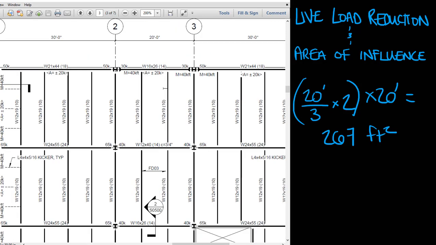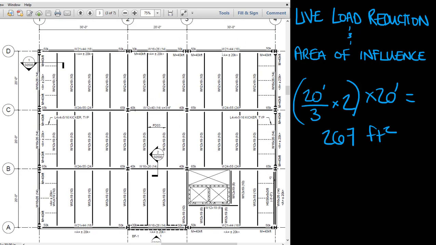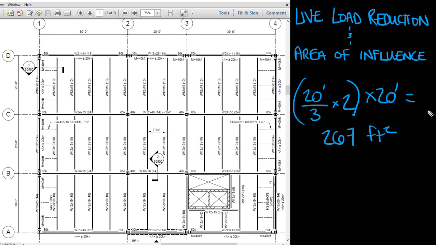However, if we zoom out and look at a different component, let's take this interior column here. The area of influence for this interior column, on this side we're going to go to the next adjacent column, again the next adjacent column, on this side the next adjacent column, and lastly on this side.